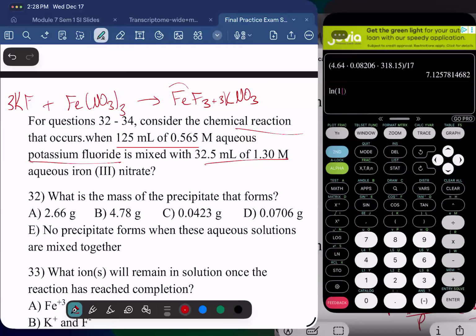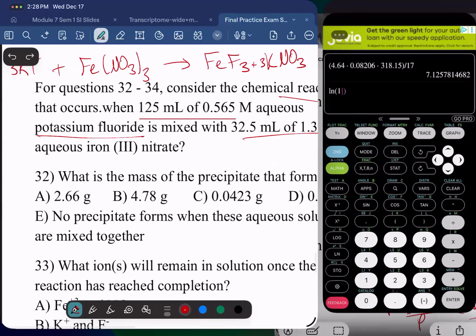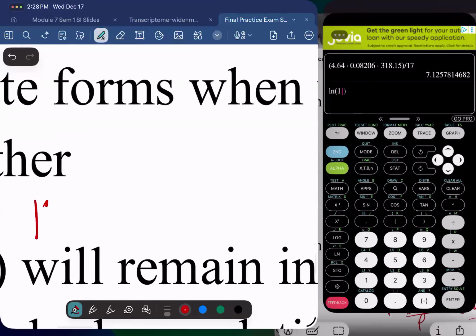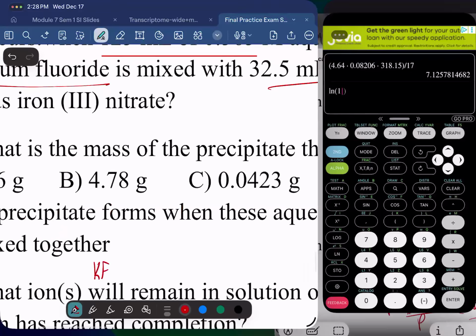I can tell the precipitate is iron fluoride automatically because I know that nitrates will be soluble. Anything that's bound to nitrate is soluble. What I tend to do with these kind of questions is make two lines. I'm going to do one here where I'm taking KF's initial amount.